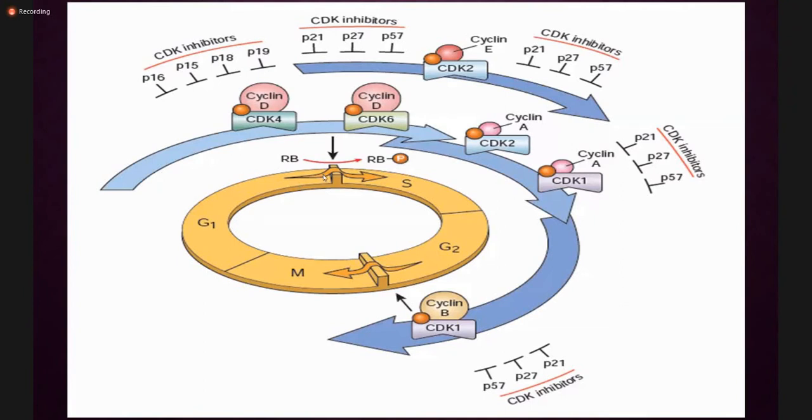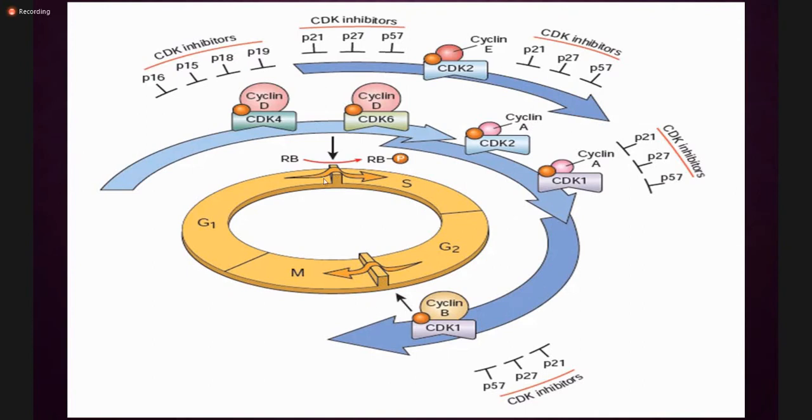So where do the roles of P15 and P16 come in? This is the cell cycle. As you can see, there are 4 stages of the cell cycle: G1, S, G2, and M. As the cells progress from G1 to S and from G2 to M, you see 2 checkpoints.